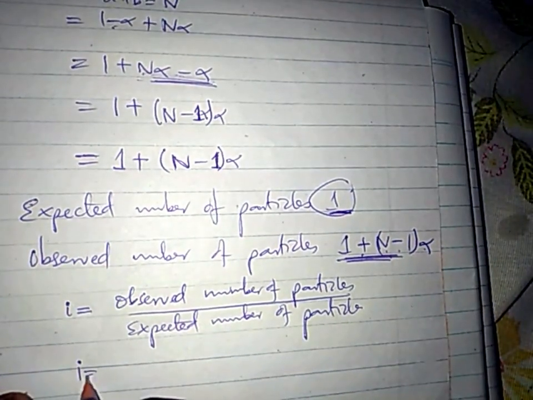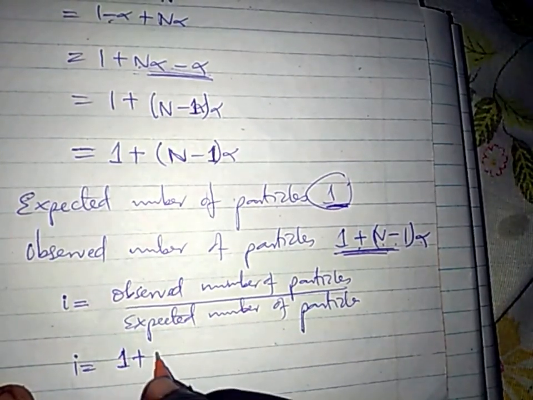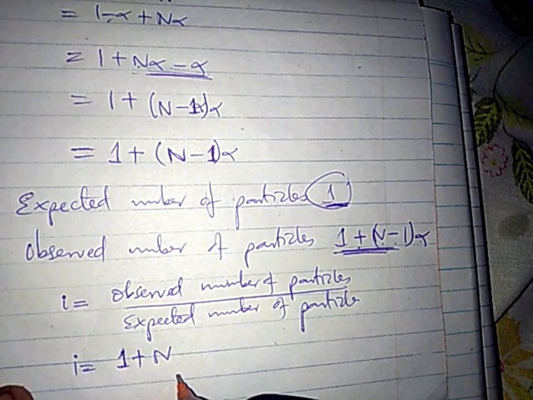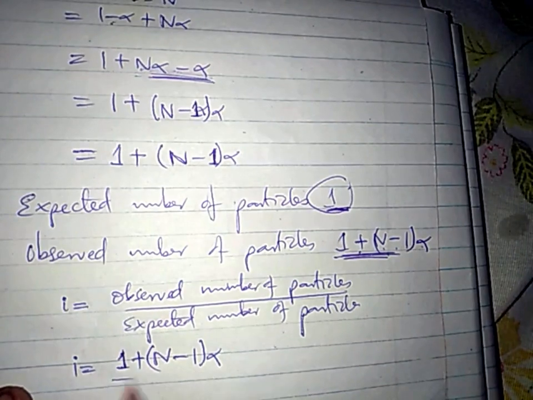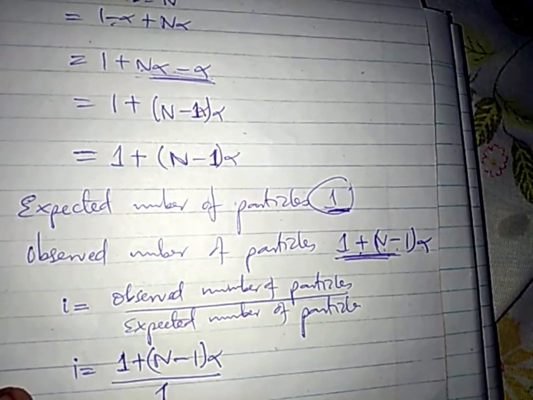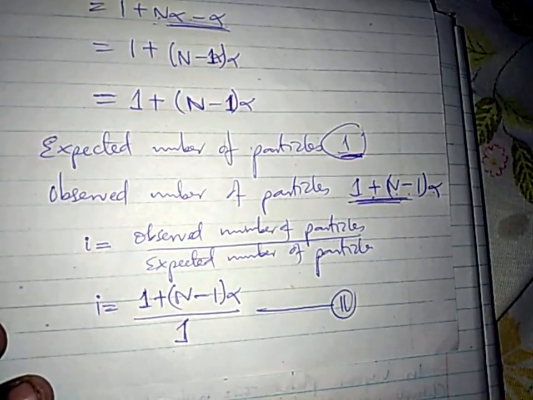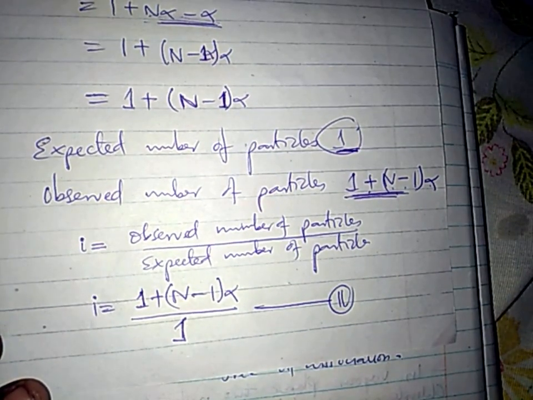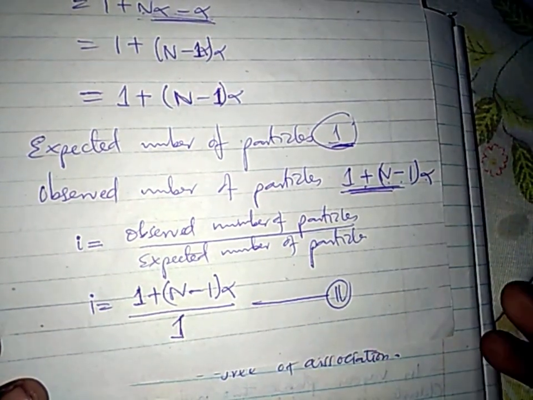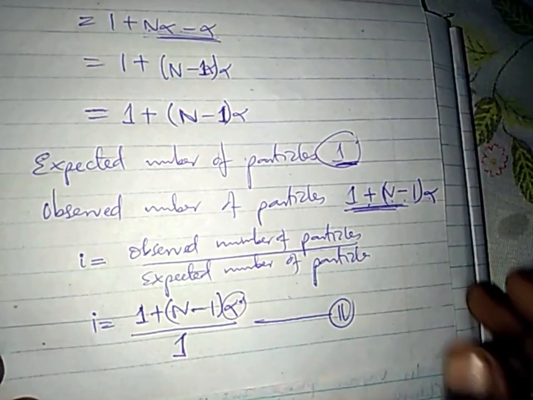So Vant Hoff's factor i is equal to observed number of particles, 1 plus N minus 1 degree of dissociation, over expected number of particles, ngapi? Ni 1. Now from this equation, let's call this equation 2, because kuna equation tayari tushaiita equation 1 inayoonyesha relationship kati ya molar mass na number of particles. Tuite equation 2. From this equation now, tuangalie jinsi gani tunaweza kumake subject what we call the degree of dissociation.